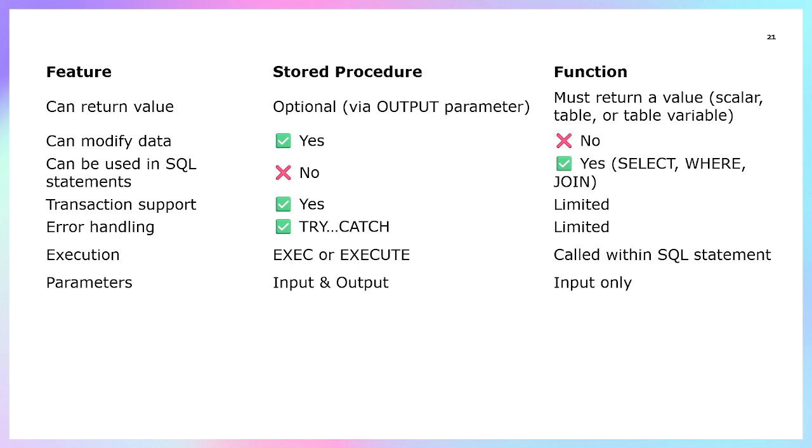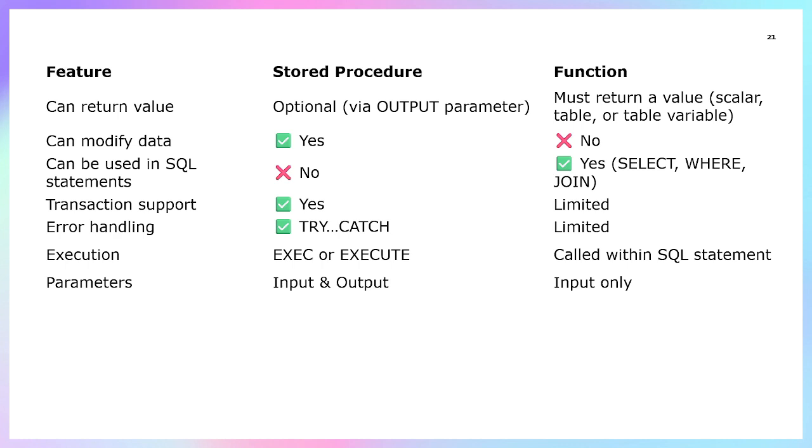These are a few features of the stored procedure. You can say these are a few differences between the stored procedure and the function. First, can it return a value? For a stored procedure it is optional, it can return or not return, but a function must return a value, either table, scalar, or table variable. Can it modify data? Yes, a stored procedure can, but in a function we can't modify the data. Can it be used in a SQL statement?